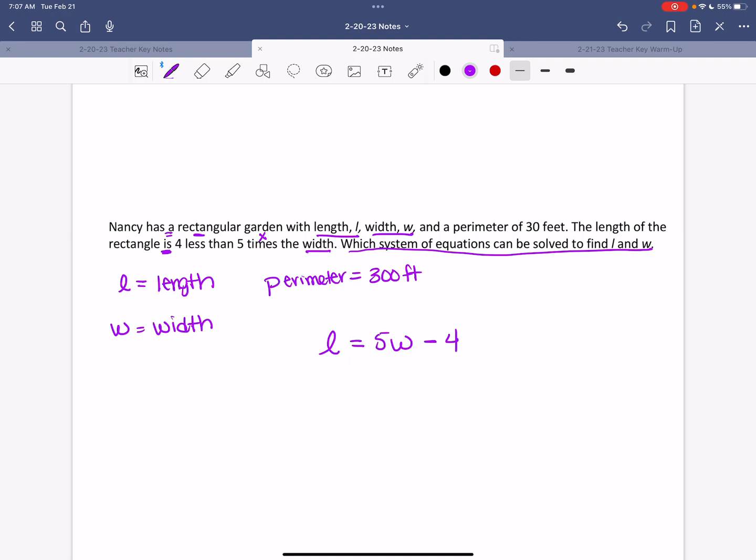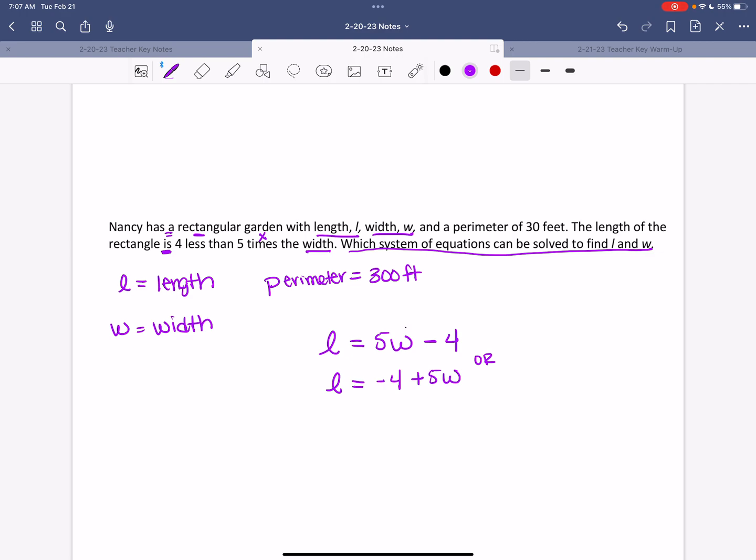Now, you could write it another way. You could do length is equal to, if you were to do it exactly, 4 less, that's minus 4, then 5 times. It doesn't say takeaway, so it could be either one of these. It's the exact same thing, showing you 2 different ways.